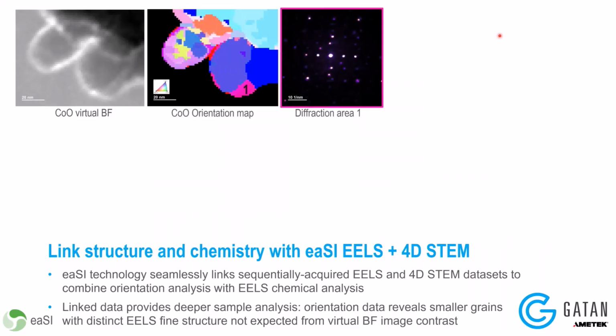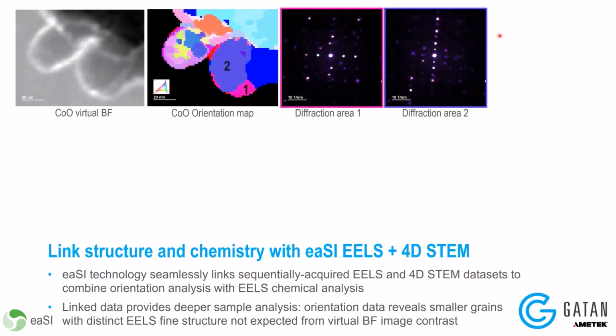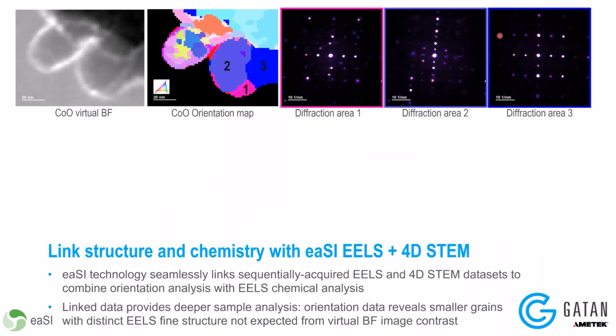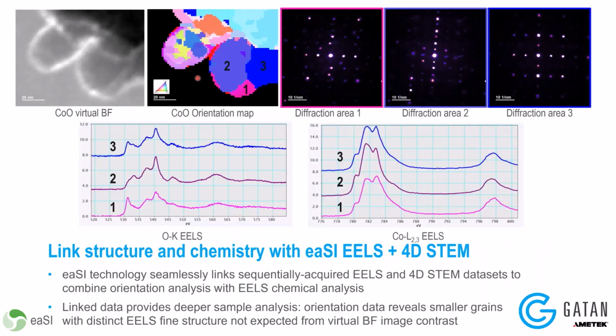So what this slide is showing is an example of an analysis of these cobalt oxide particles done by my colleague Liam Spillane. And so what we acquired, for example, was a bright field image of these two particles, or what we at least thought were just two particles of cobalt oxide, shown on the left.